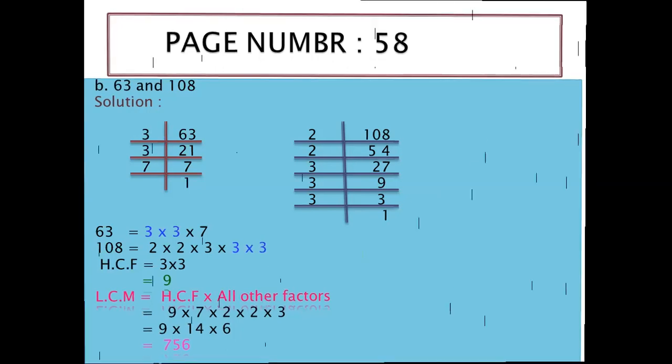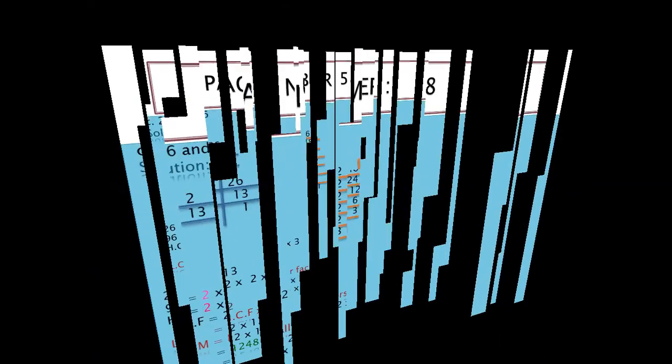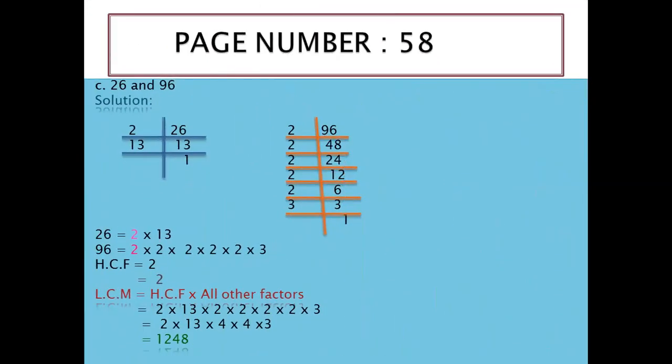Now part C. Part C is 26 and 96. 26, the factors of 26 are 2 multiplied by 13. And 96, 6 is an even number. Start division from 2. 48, 48 is divisible by 2.